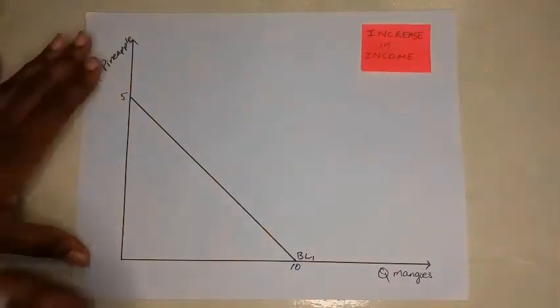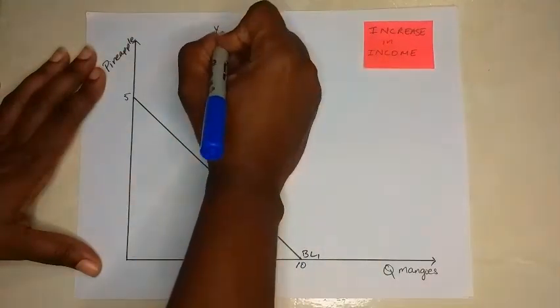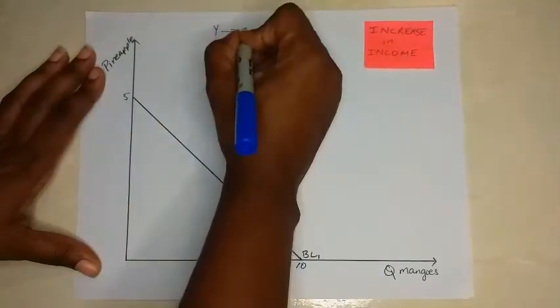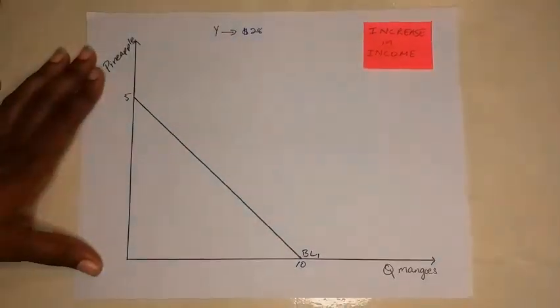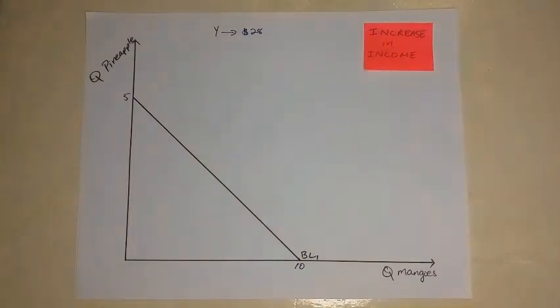So let's assume now that our income increased. So Y increased to $28. So what is going to happen there? It means that we can now get more pineapple and more mangoes. So you're going to have new maximum points for each fruit.